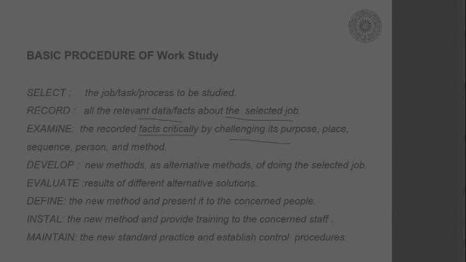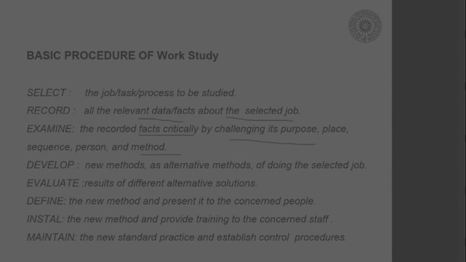These facts are critically recorded, and then we challenge the purpose. Then we see the place and sequence, by which person it is done, and which method he adopted. Now next is develop. We have critically recorded, and we have challenged the purpose.